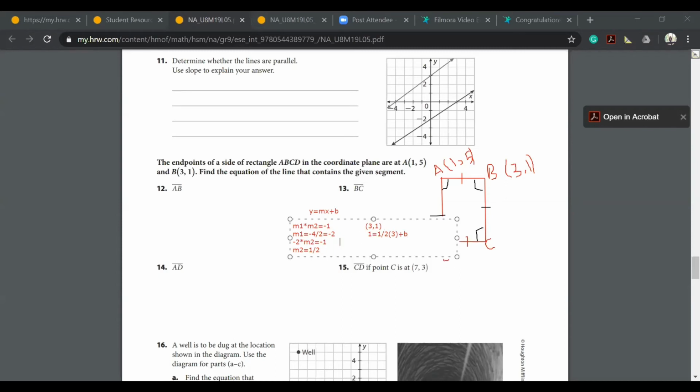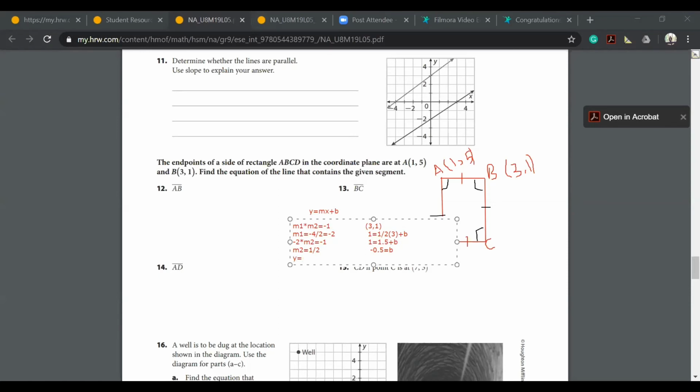So 1 will be equal to, if you multiply this together, 1.5 plus b. And then to find b, what should I do? I should shift 1.5 to the other side. So it's going to be negative 0.5 equals b. So b is equal to negative 0.5. Now I can write the equation.